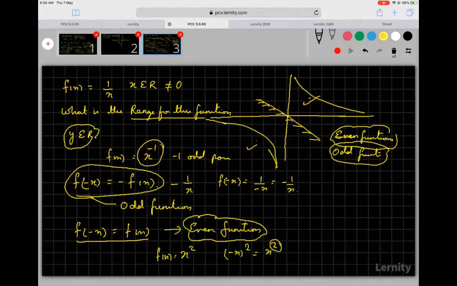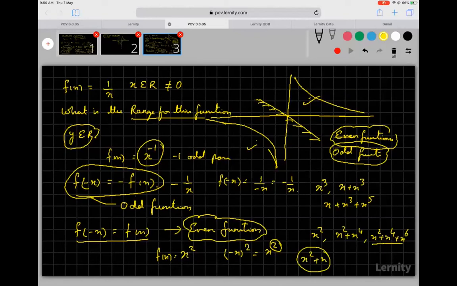This is called an odd function. So if you have x cubed, x plus x cubed, x plus x cubed plus x power 5, all these are odd functions. Similarly, x square plus x power 4, x square plus x power 4 plus x power 6, all these are even functions. Then there are other kinds, like x square plus x, which is neither odd nor even.